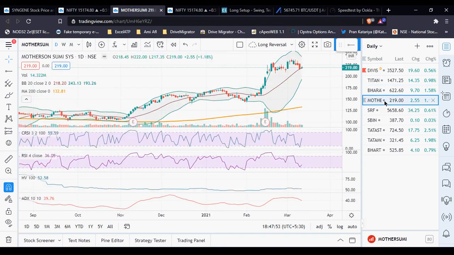Let's go with the fourth setup, Madhusan Sumi, on 27th of January.